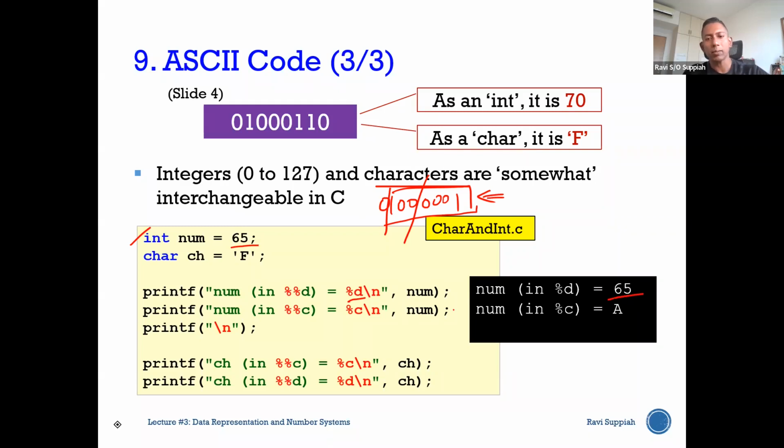But when I use the format specifier %c, that means I want to take this same 8-bit value but interpret it as an ASCII character, and it prints out uppercase A. The key thing is that for both, the actual value, the actual ones and zeros, is the same. But because we interpret it differently in the two different printf calls, we get two different outputs.